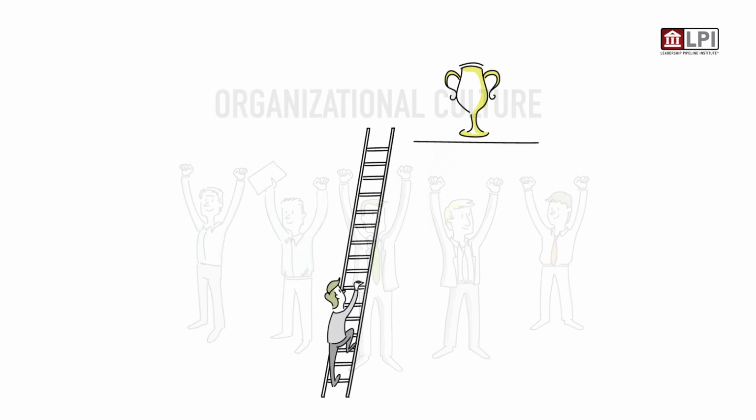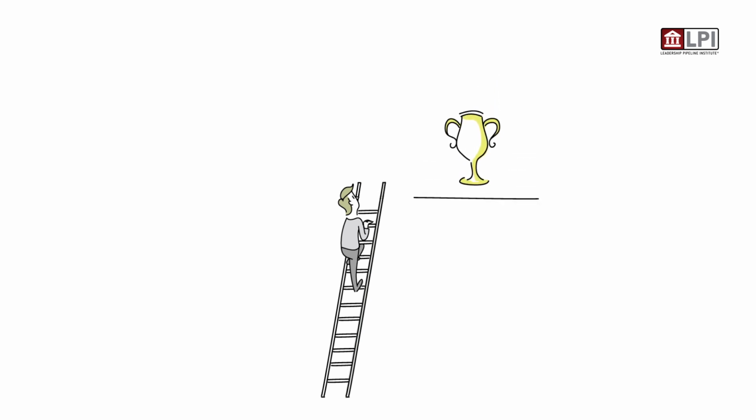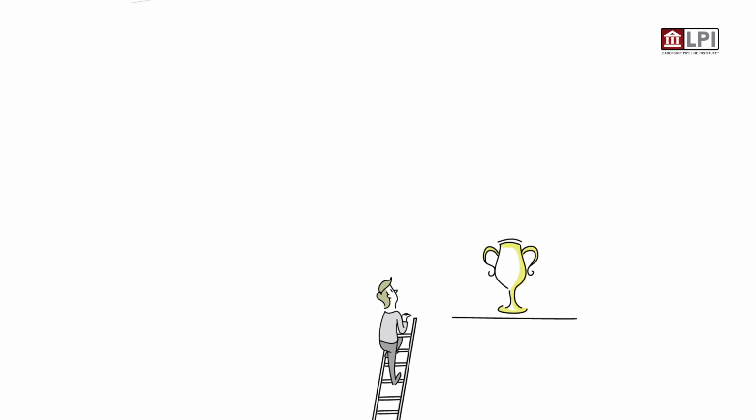It reduces the time needed to get on board and get full performance in a leadership position by clearly defining what change in behavior is needed to move from one level to the next.